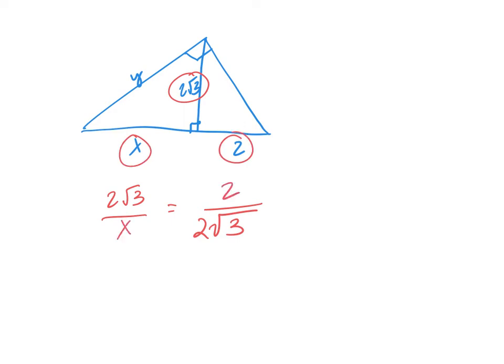Everybody understand why I put the numbers where I did? So 2 root 3 times 2 root 3 is 12. And then you divide by 2, and x equals 6. So we got our x.